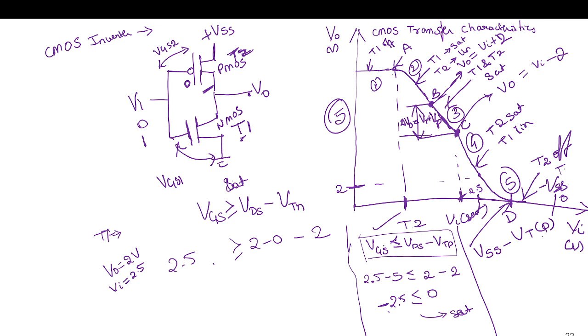Or is it VSG? This should be plus. This should be VSG minus VSD minus VTP.